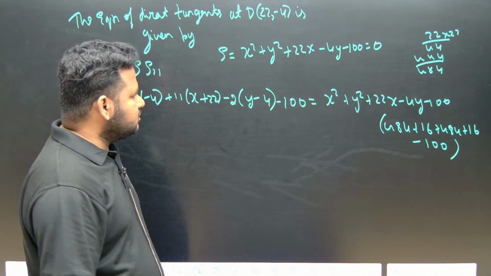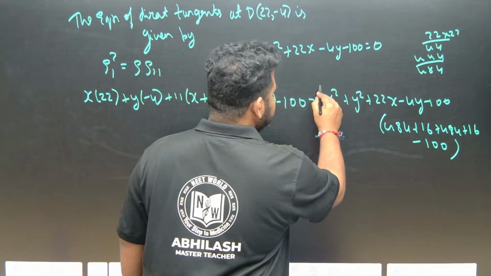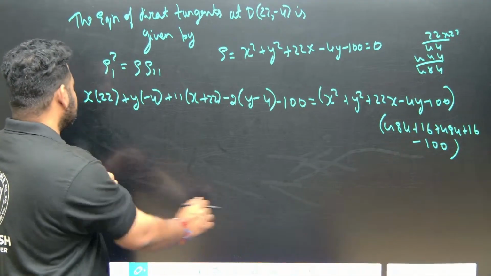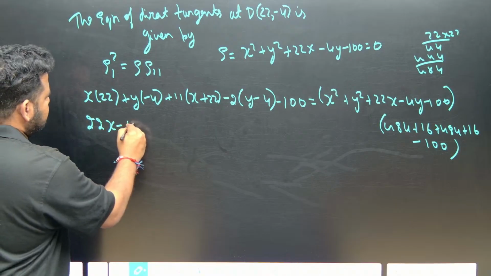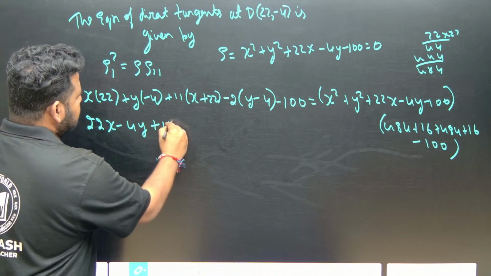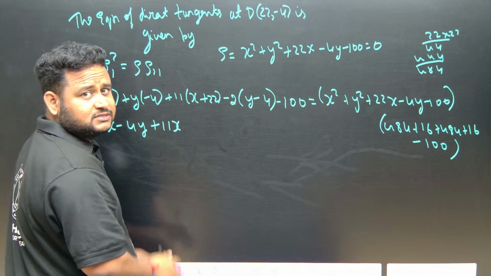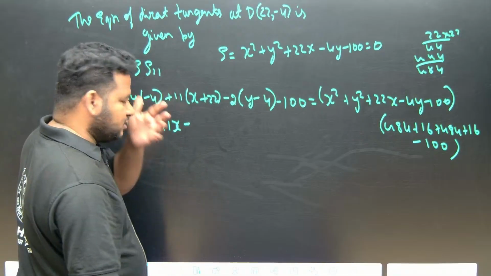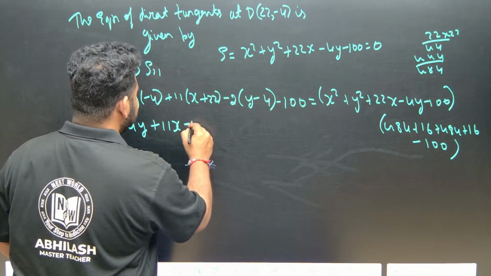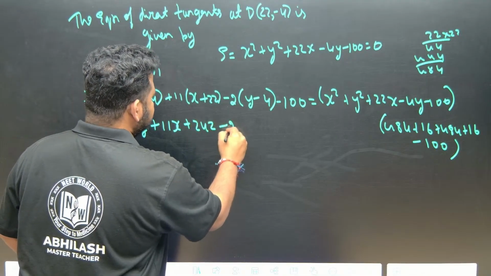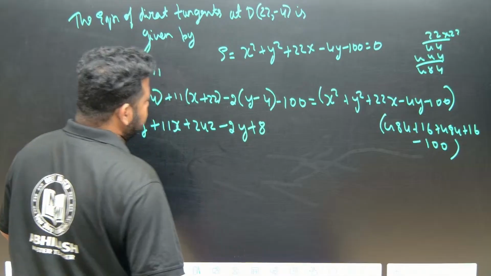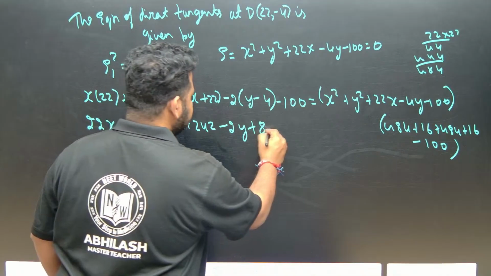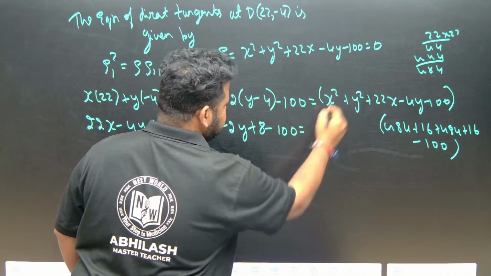Now see here, let us keep this as it is. So 22x minus 4y, plus 11x, 22 into 11 is 242, minus 2y plus 2 4s are 8, minus 100 is equal to S itself.